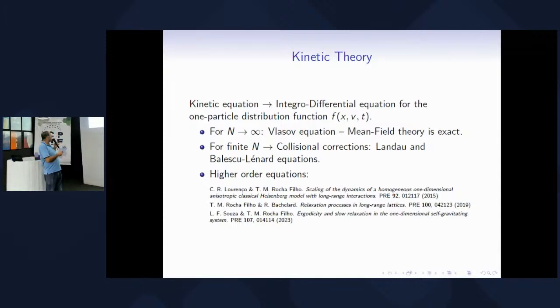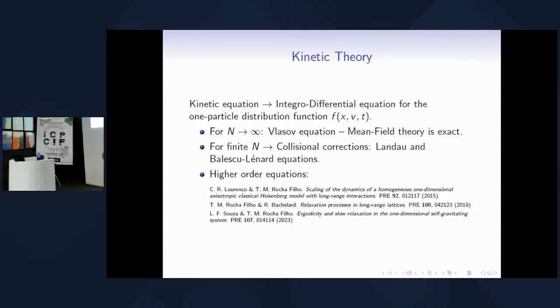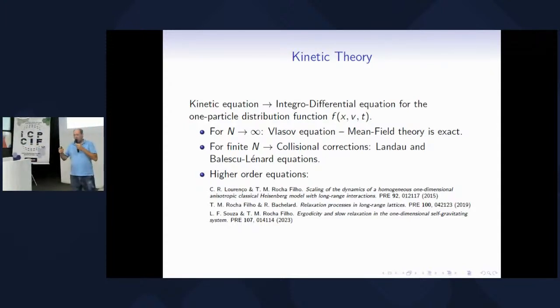And we can correct the Vlasov equation with collisional terms. That gives us either the Landau equation, which is for a perturbative approach, or the more precise Balescu-Lenard equation, which is very used in plasmas. Then these describe the evolution to equilibrium.